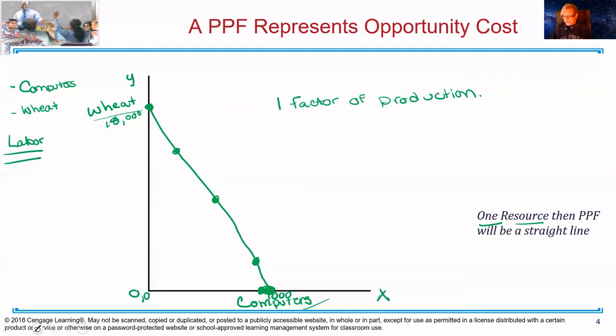That leads me to the second thing about a production possibilities frontier, is that the graph, the points mean something.